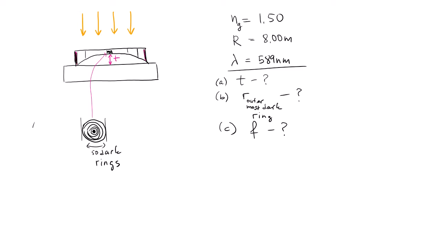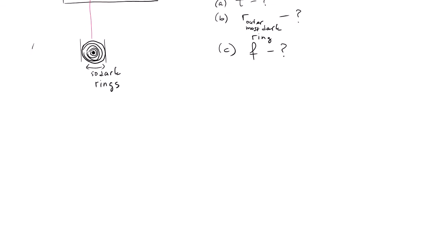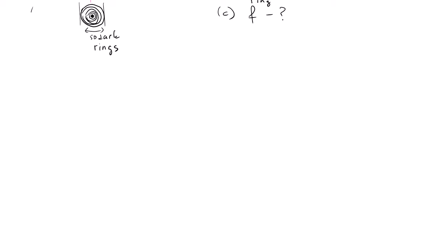To better analyze the situation, let's draw a more useful picture here, where we have two interfaces where the reflection happens. We have glass from the lens, glass-air interface, and then air-glass interface.